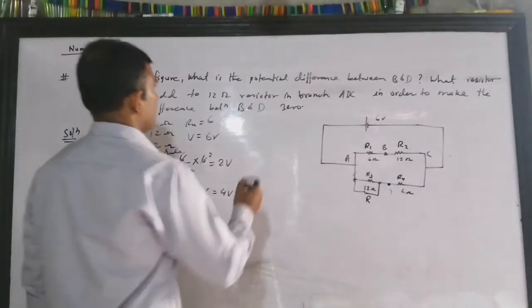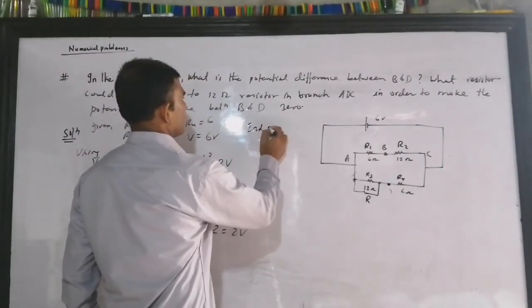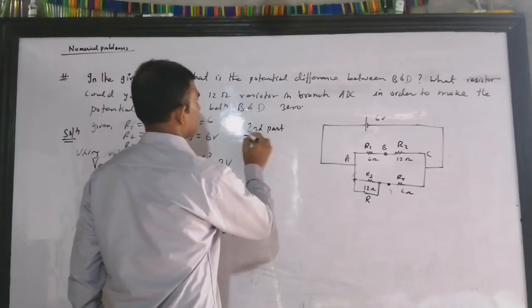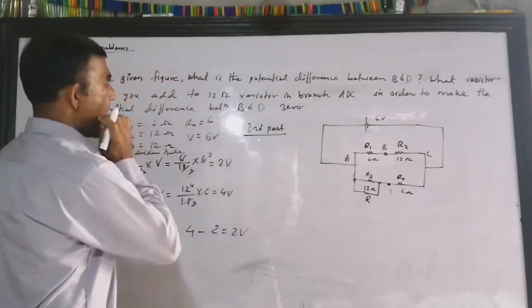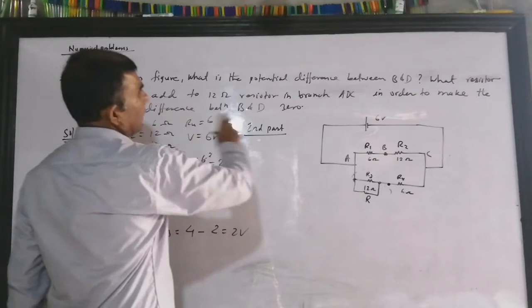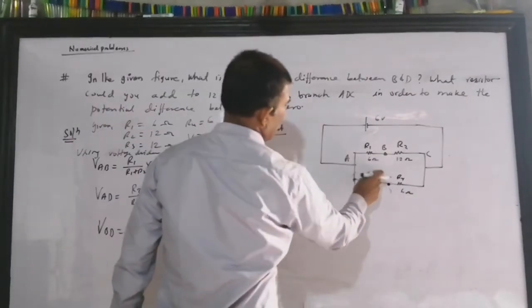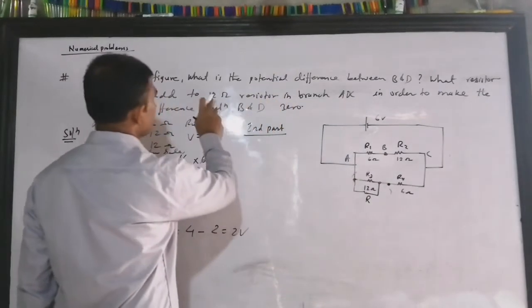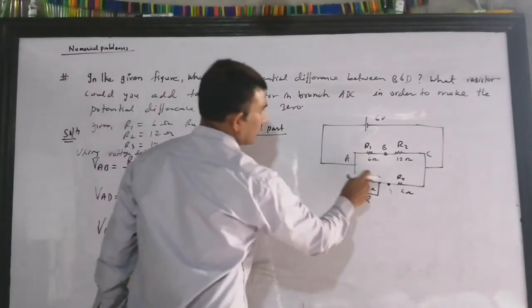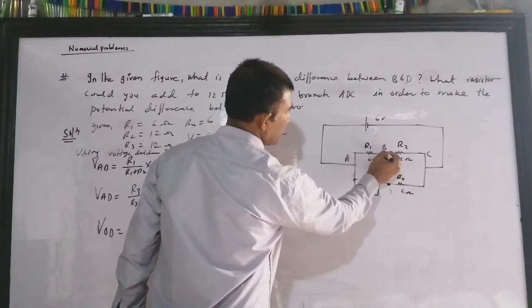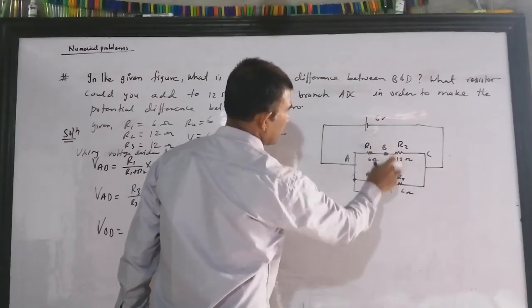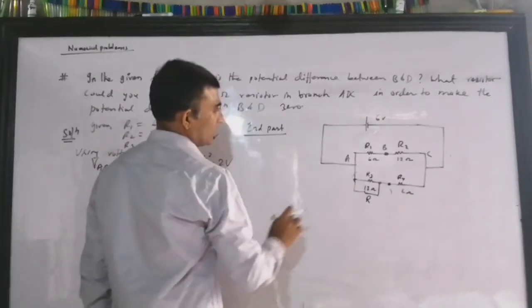Now let's move to the second part. And what is our second part? The second part is: what resistor could you add to the 12 ohm resistance? Means in the 12 ohm resistance, what resistance can you add to get the voltage at B and D the same, so that the potential difference between B and D is 0.